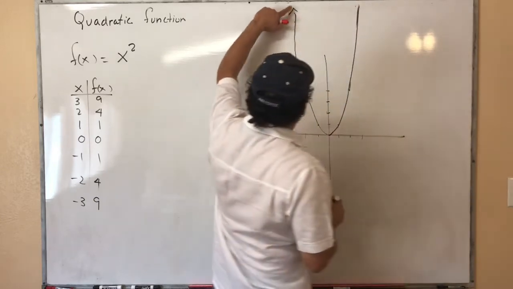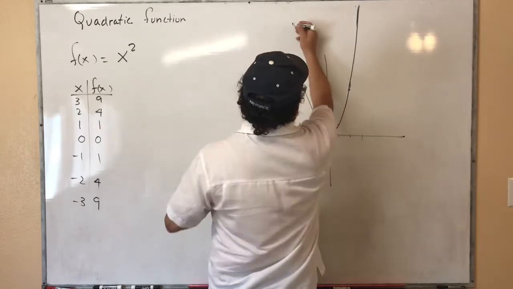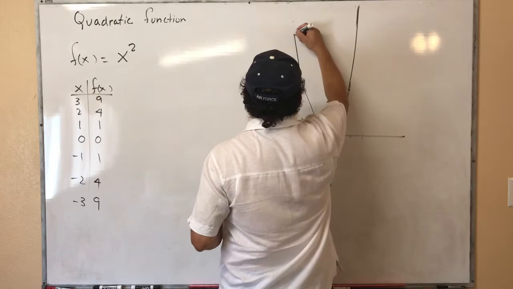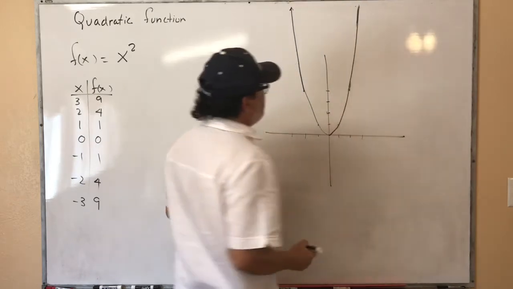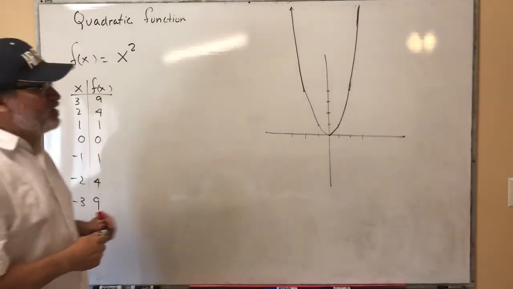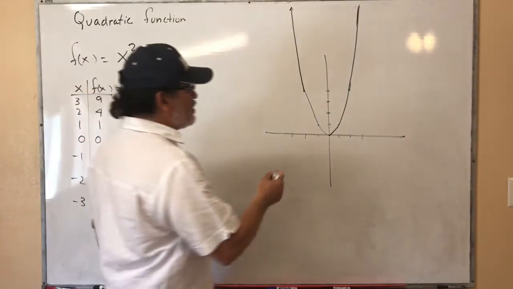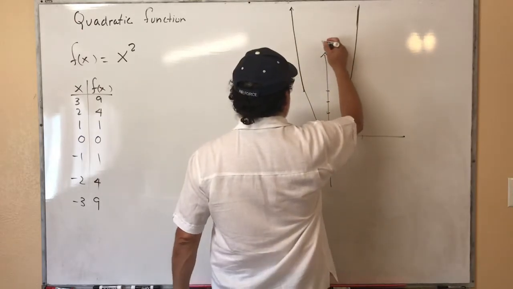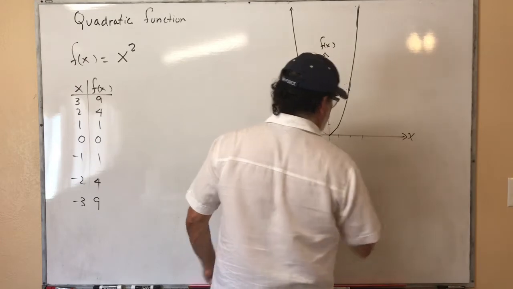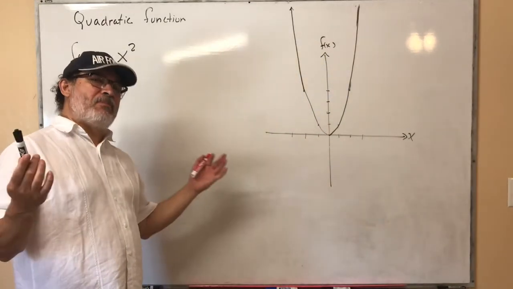It's a parabola. And this is the basic parabola. It doesn't get any easier than this. This is f of x, and this is x.